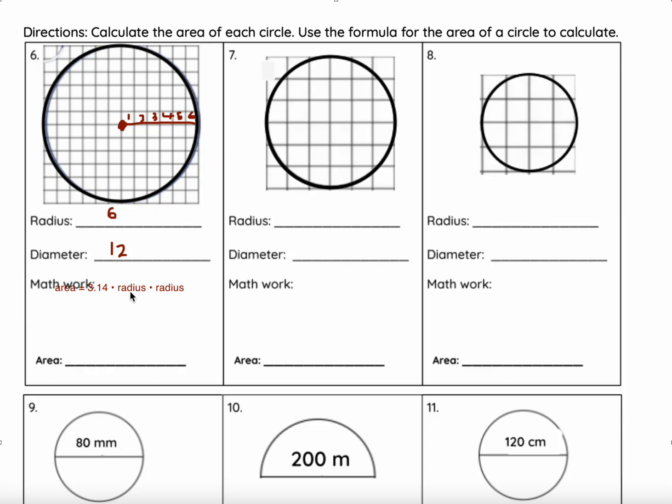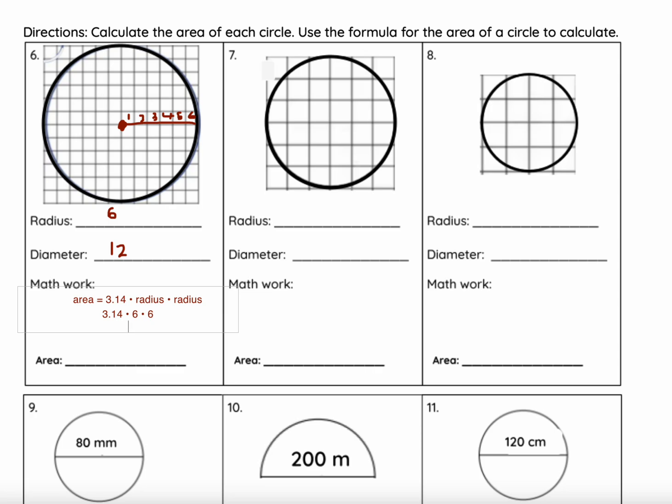That's a little better. So the formula is area is equal to 3.14 times the radius times the radius. Now I'll fill in this formula with the information from this circle. So 3.14 stays the same, and the radius is 6. So I'll do 3.14 times 6 times 6.